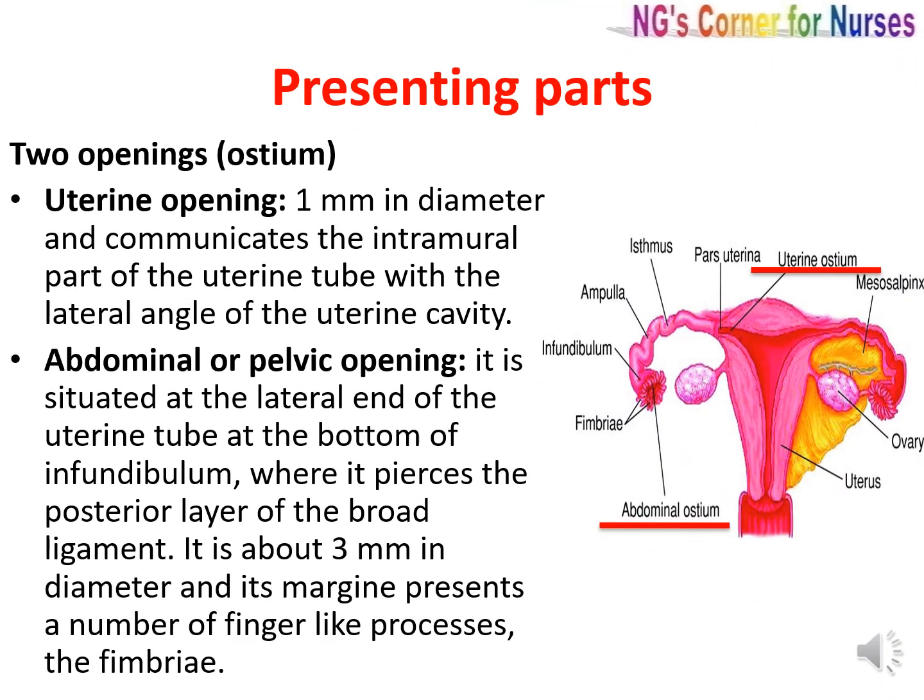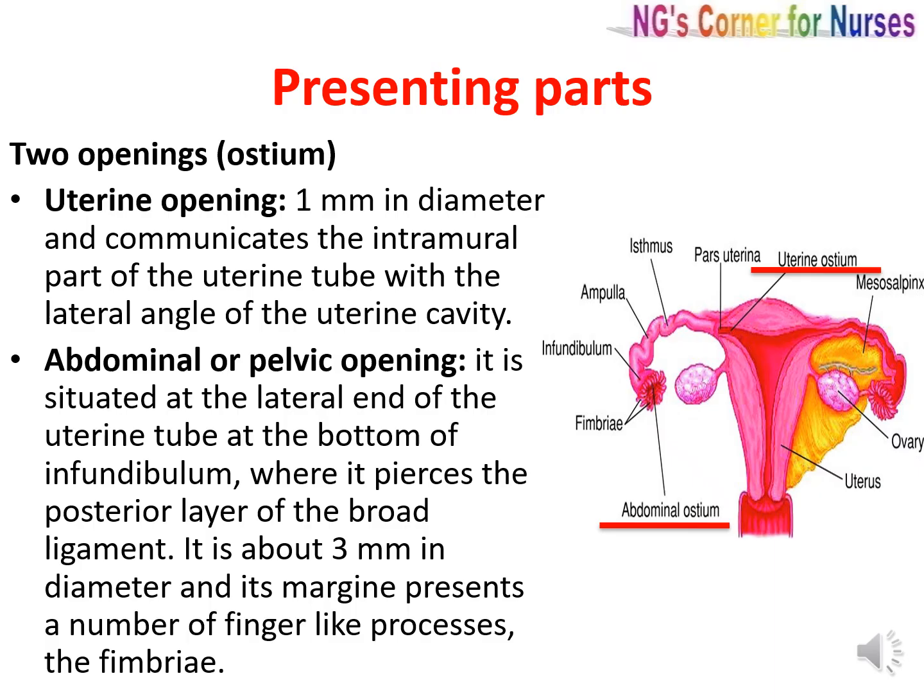There are 2 openings in the uterine tube. One is the uterine opening and another one is the abdominal or pelvic opening. The uterine opening is 1 mm in diameter and communicates the intramural part of the uterine tube with the lateral angle of the uterine cavity.